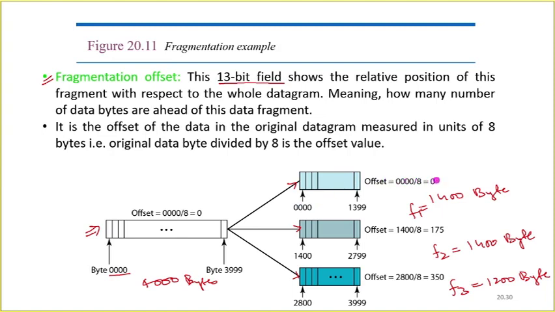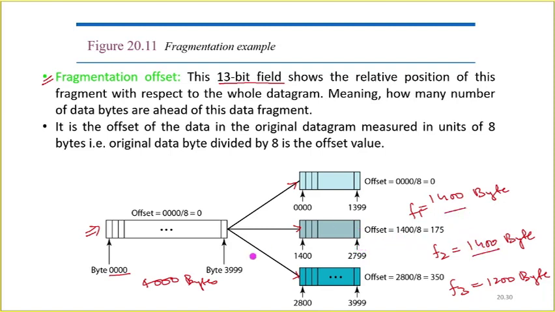Next, in fragment 2, the starting byte will be 1400, after 1399, and the maximum value will be 1 less than 2800. So 2799 will be the last value of the second fragment, because the size is 1400.